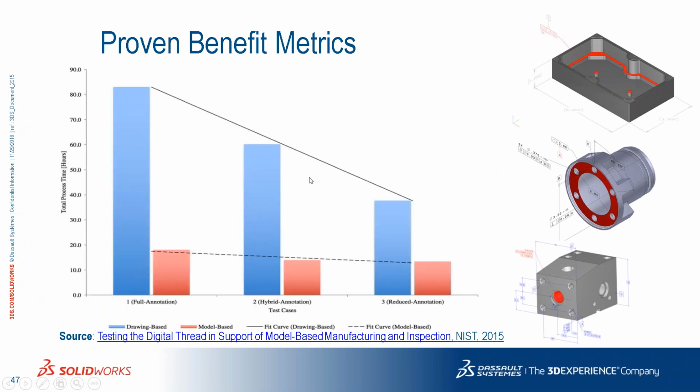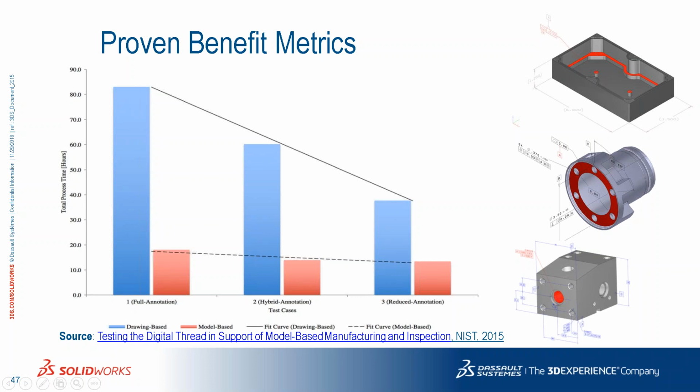And then they measured the time to manufacture and inspect the model. For all these models, it turns out that the model with 3D annotation took 70% less time to be delivered and manufactured. So there is a big time saving.